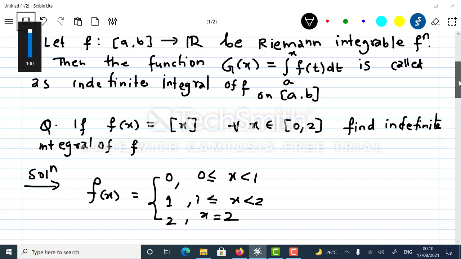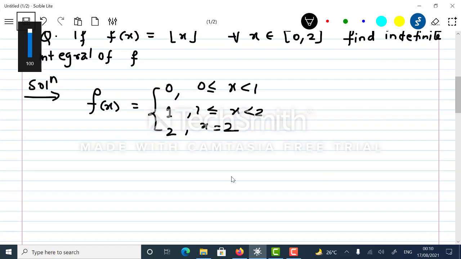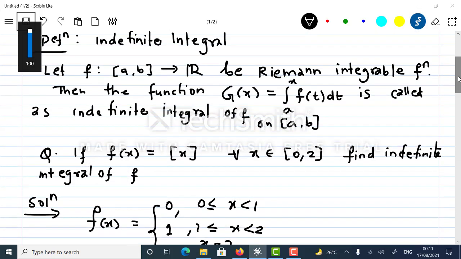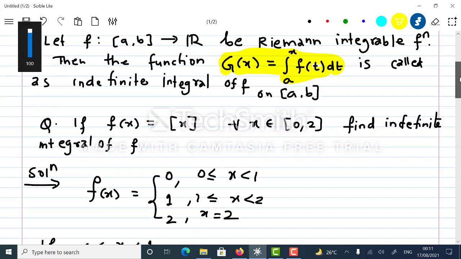So let's find out the indefinite integral of this. If x is between 0 to 1, then my g of x is basically integral a to x. So x is variable and a is a starting point.